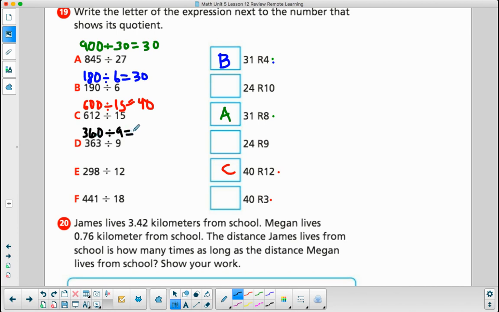There are 4 9s in 36, so there's 40 9s in 360. So my guess is this one. I'm going to still do it to check. Actually, I don't even really need to do it to check because I know it. I know that 40 multiplied by 9 is 360.